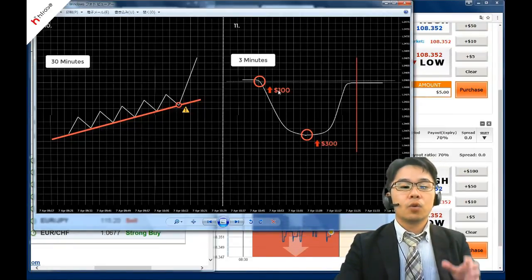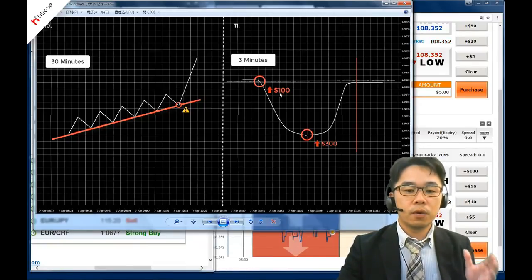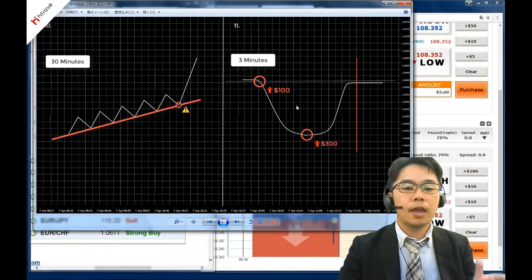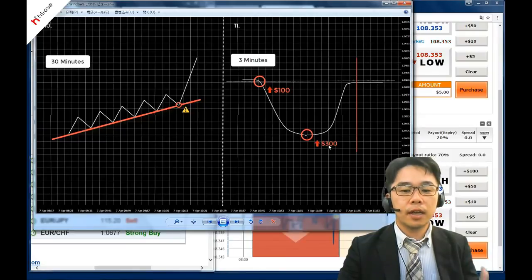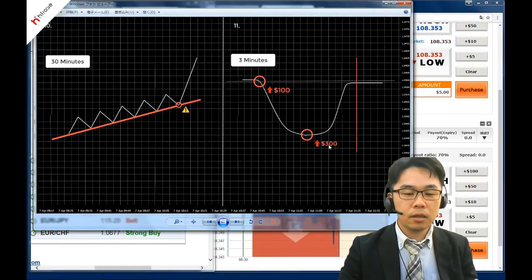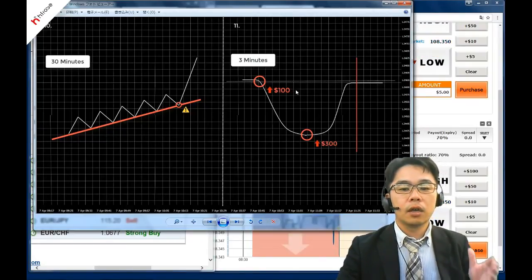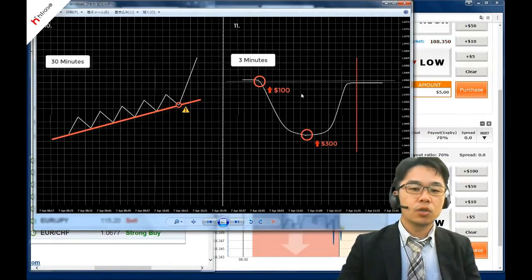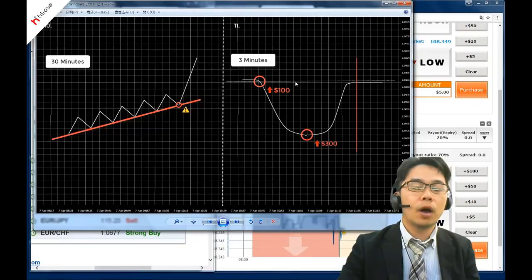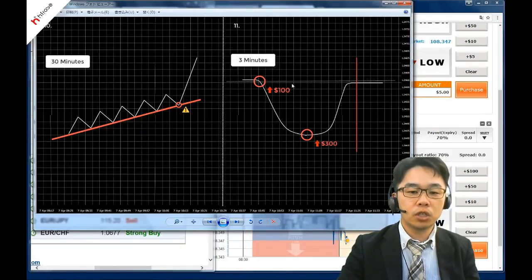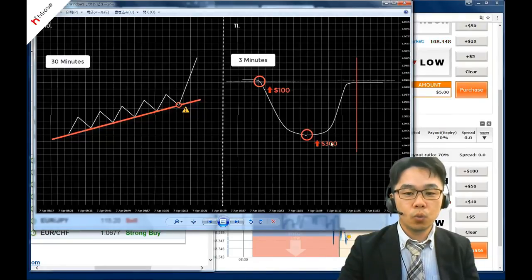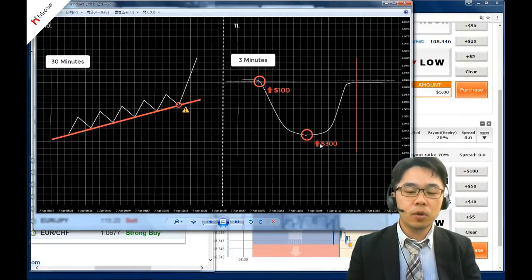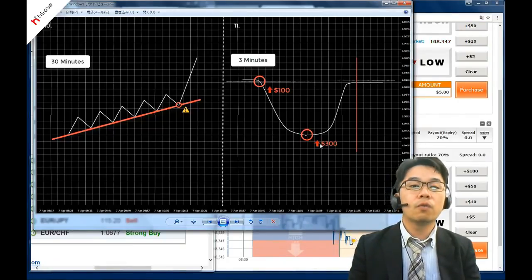Even if you lose the first $100 and then win the second $300, let's say the payout ratio is 80%. Your loss here is 100, because this one ends up lower than your purchase point. But this one wins, so 80% of 300 is 240.